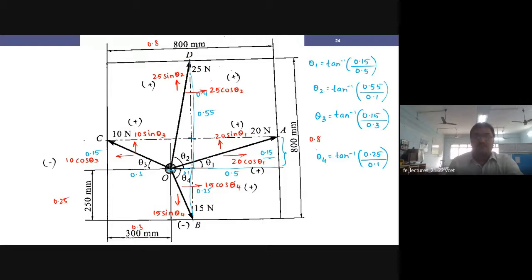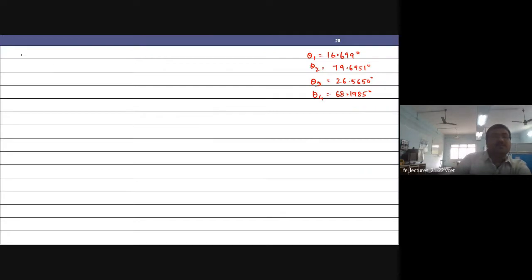Okay. So now we'll start from the positive x-axis. We'll start from the first quadrant, and sequentially we'll be writing the components. So we had found out the values of theta 1, theta 2, theta 3, and theta 4 already.